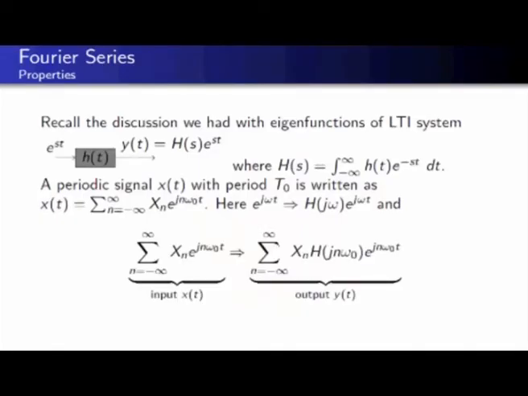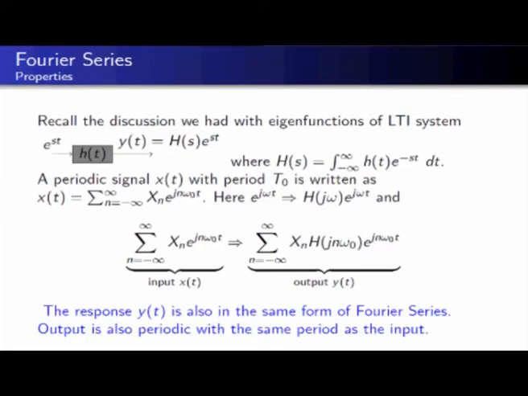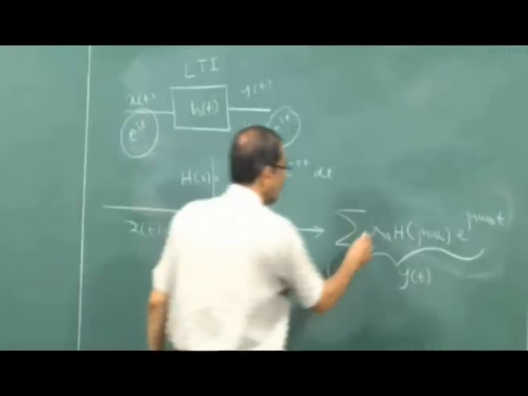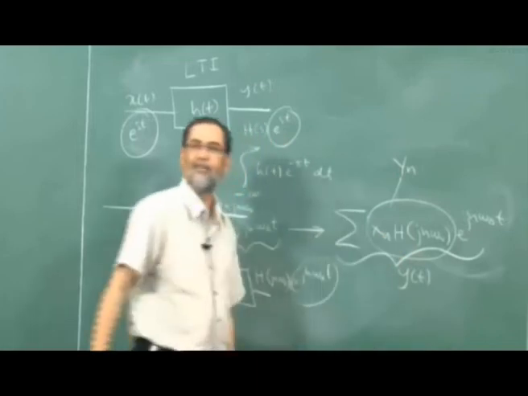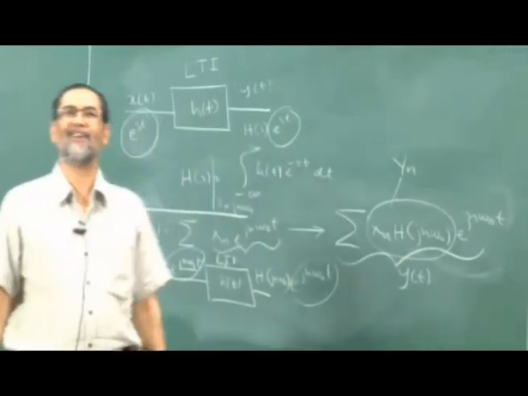If xn is the sum, then it is appropriately scaled by h of j n omega naught and comes out. So the response y of t is also some form of Fourier series, because this is a Fourier series, and this is now yn, the Fourier series coefficient of y of t.